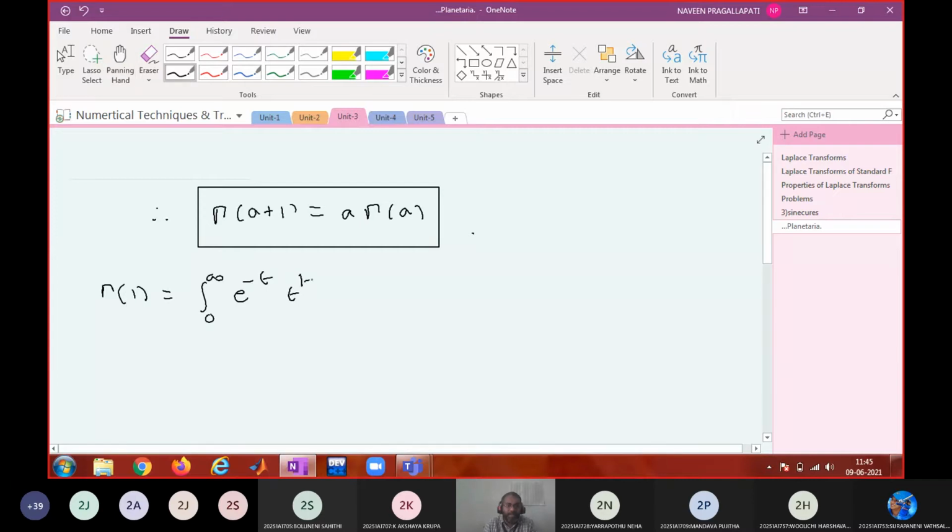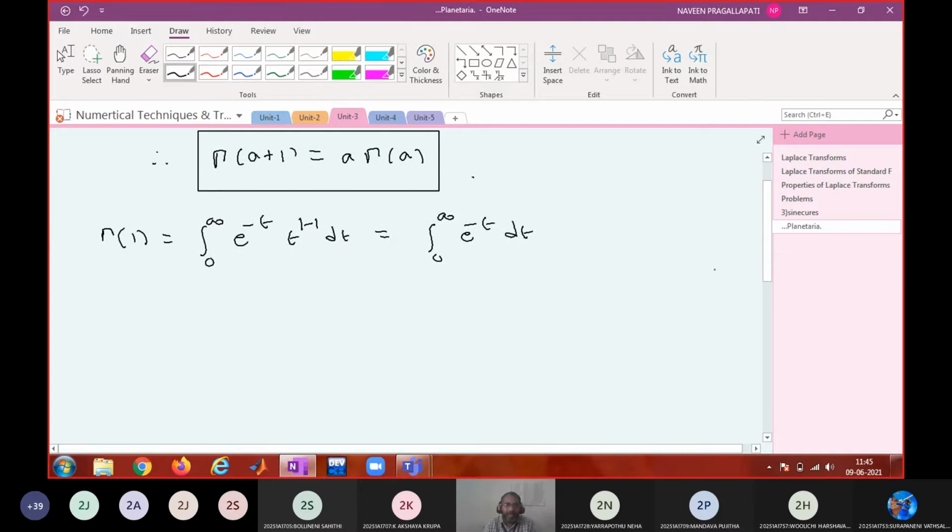So t power 1 minus 1 dt. So this is the integral from 0 to infinity of t power 0, which is 1, into e power minus t dt. The integral of e power minus t is minus e power minus t, with limits from 0 to infinity. The upper limit is e power minus infinity, which is 0. So 0 minus, or rather minus times minus, the lower limit is e power 0, which is 1.